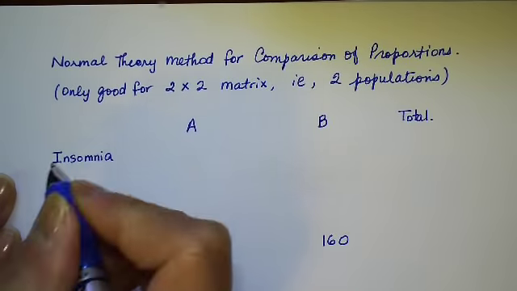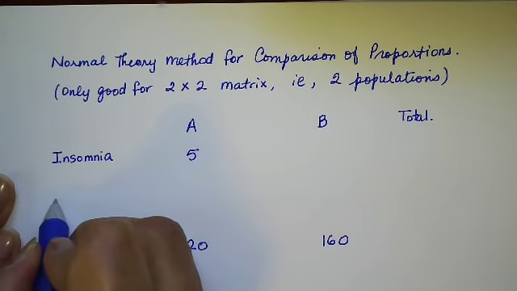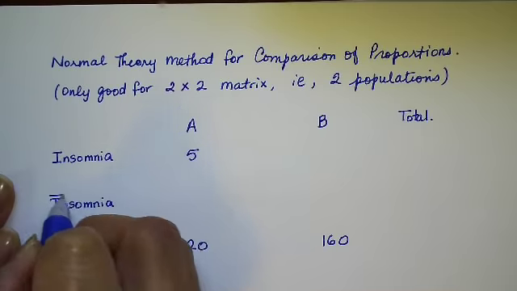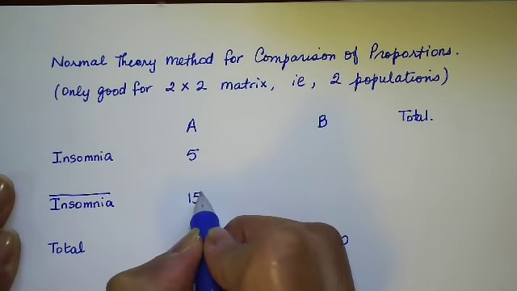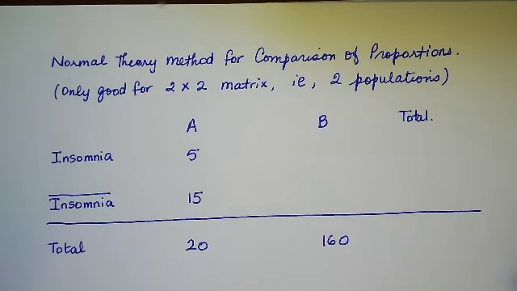So insomnia, let's say 5 out of these 20 experience insomnia, and no insomnia, 15. And here's the total, 20.